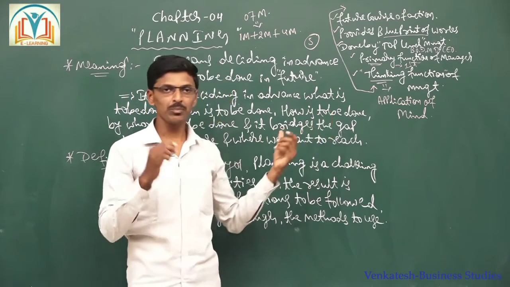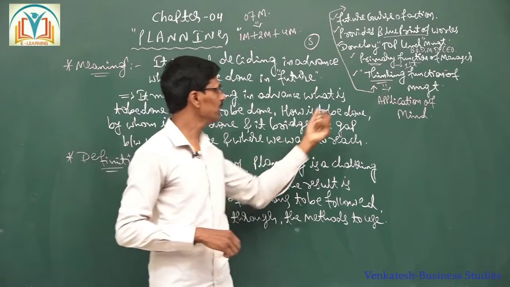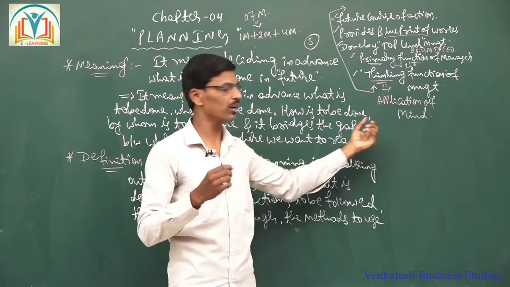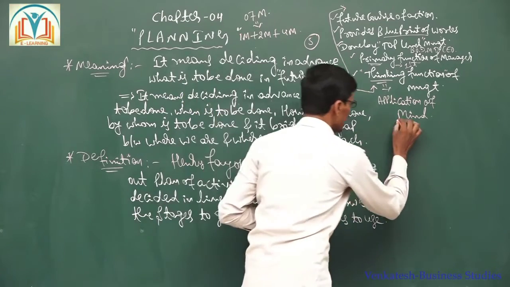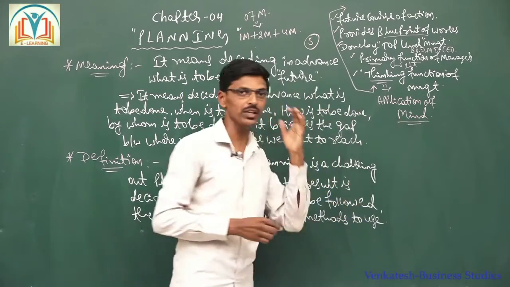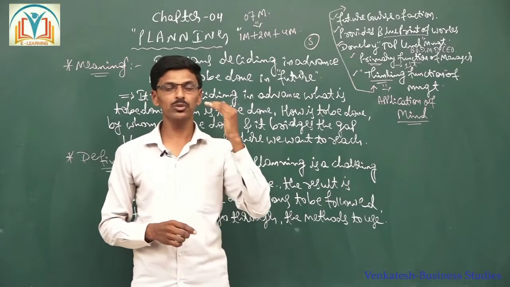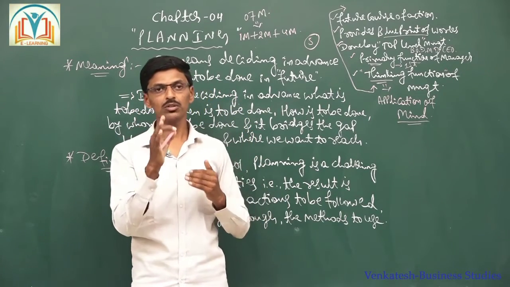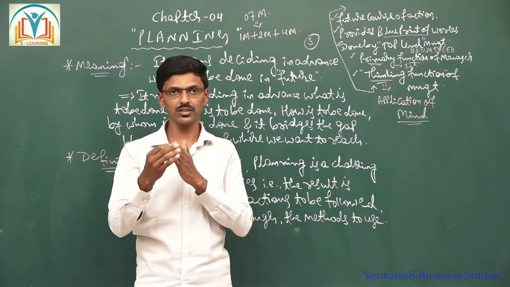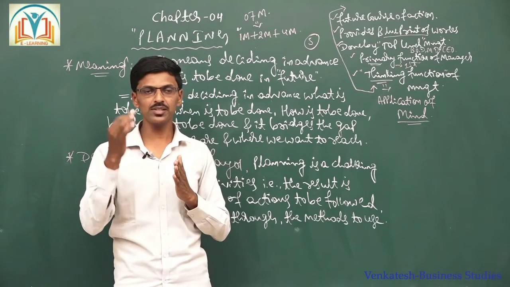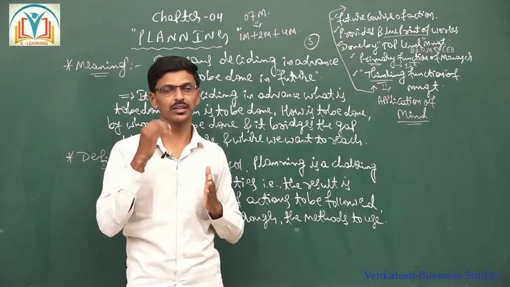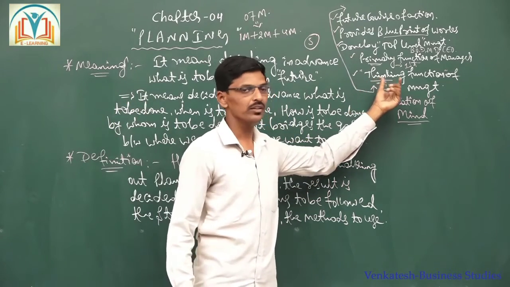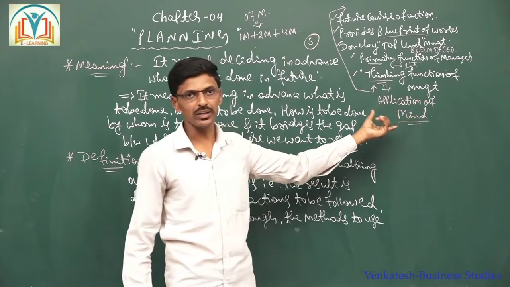We need to assume, we need to estimate, and we need to predict what is going to happen in future. So it requires application of mind. That is why planning is referred to as the thinking function of management.